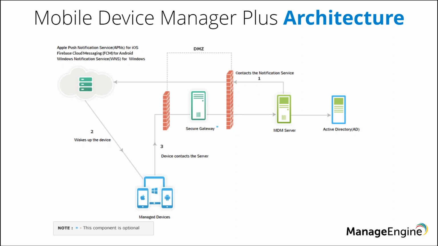So this collects any details that are passed on from your mobile devices and then forwards it to your MDM server itself. So this secure gateway service can stay within the DMZ. And this is specific only to our on-premise users.